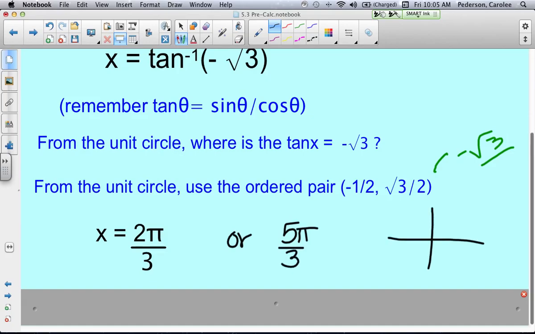So it'd have to be this quadrant and that quadrant to have a negative tangent. You could have this be a positive and this be a negative.